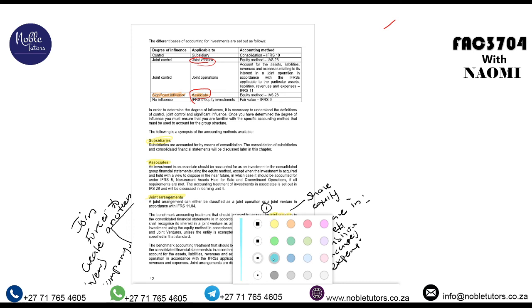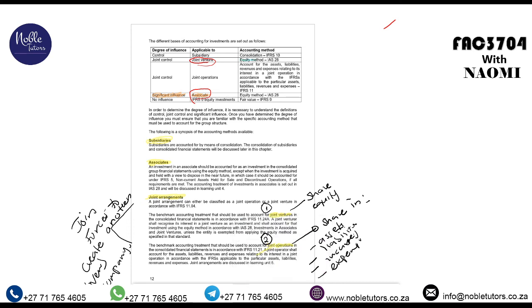We use the equity method for both of them, the reason being it's the same treatment because we are sharing in the equity rather than net assets. Please remember this. We'll deal with this in a separate class, but for today, I just wanted to give you an idea of what we'll be dealing with.